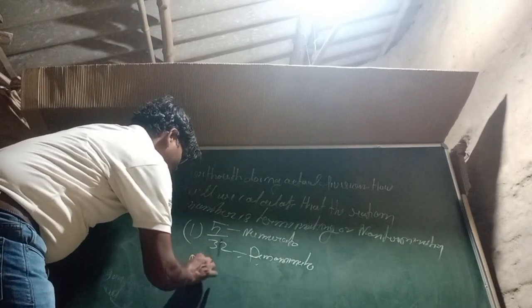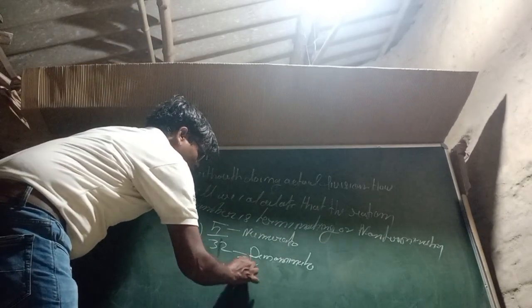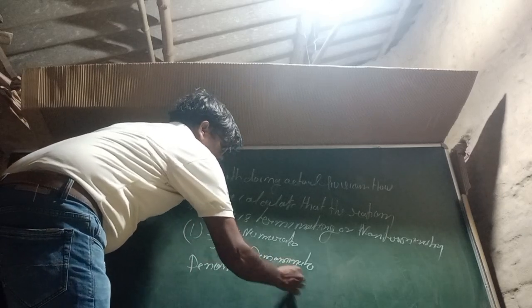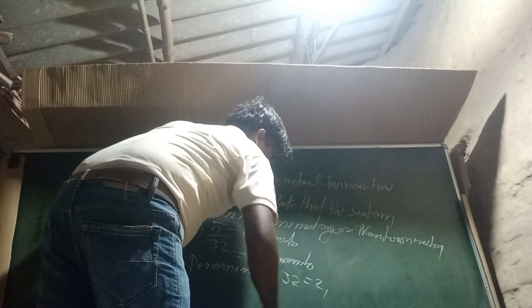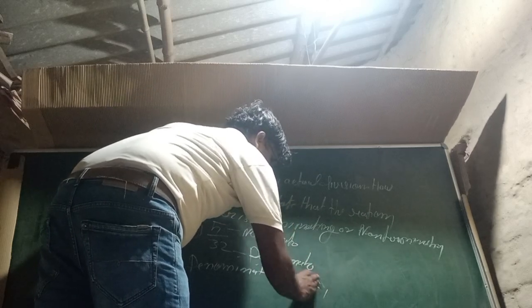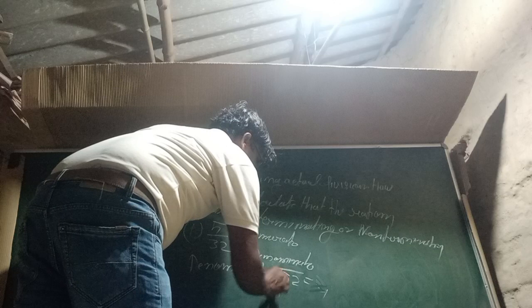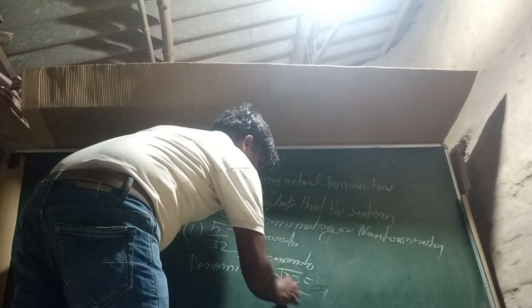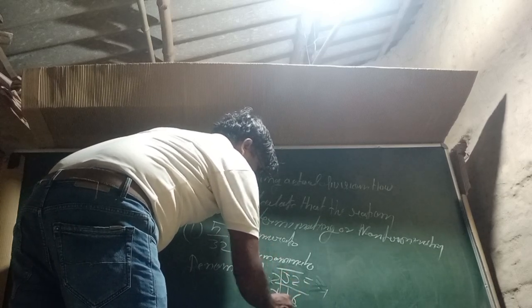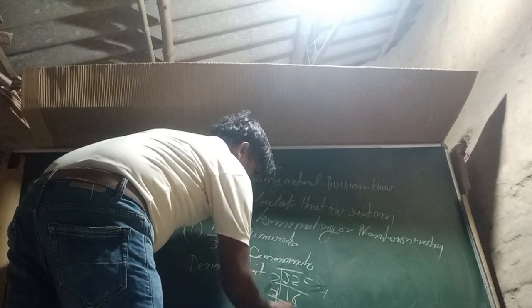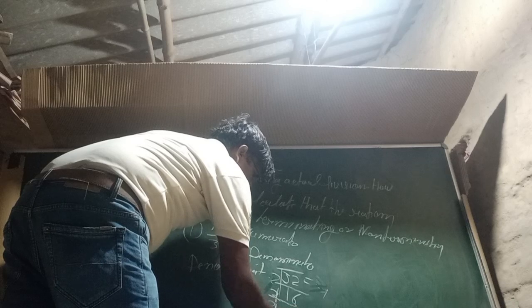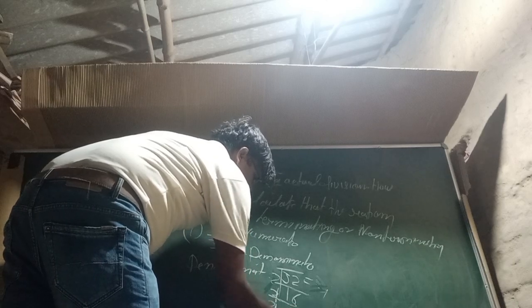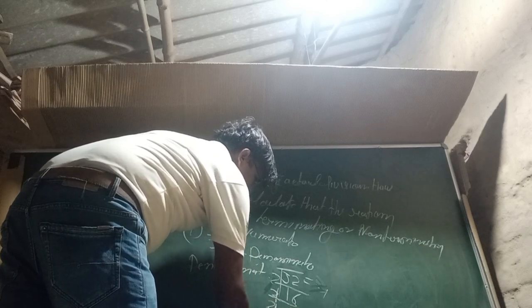The denominator here is 32. So 32 can be divided by 2 to get 16, then again by 2 to get 8, then 4, then 2, then 1.